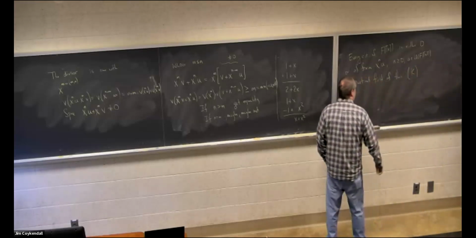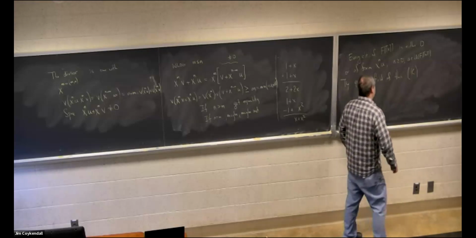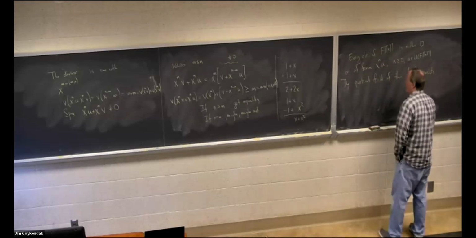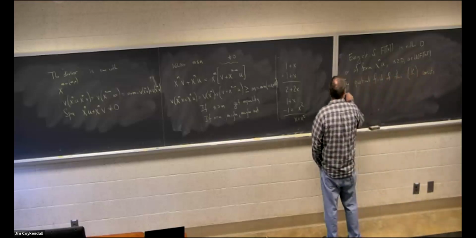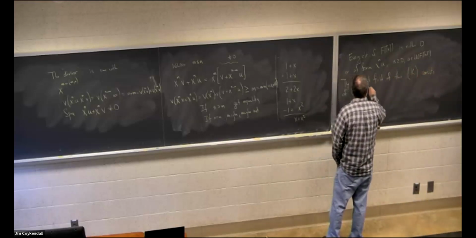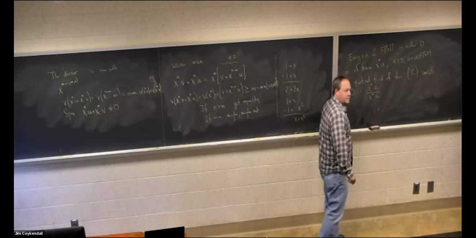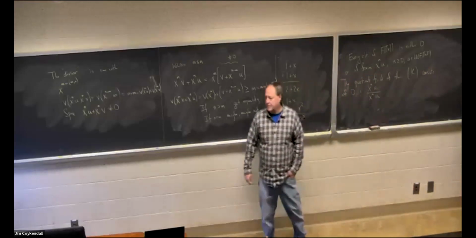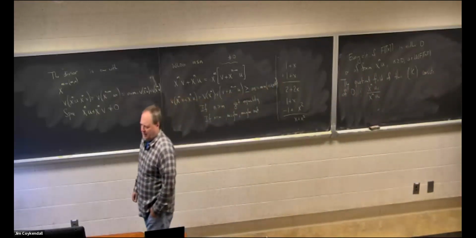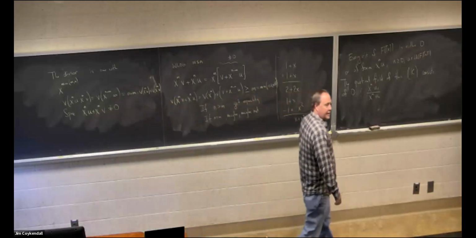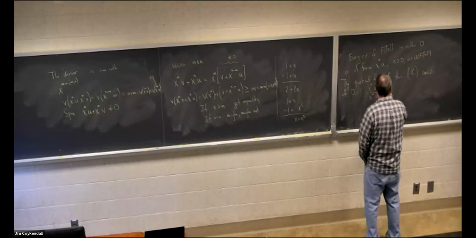It consists of 0 and fractions of the form x to the n u1 over x to the m u2. Right. That's what the quotient field has. And I can simplify this.